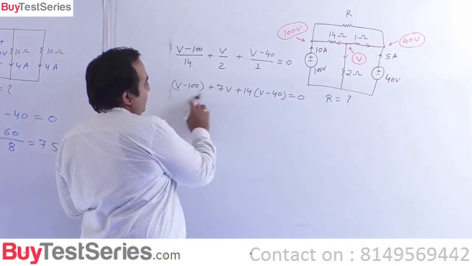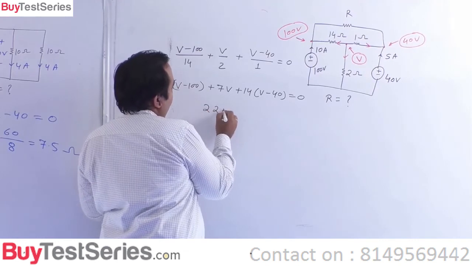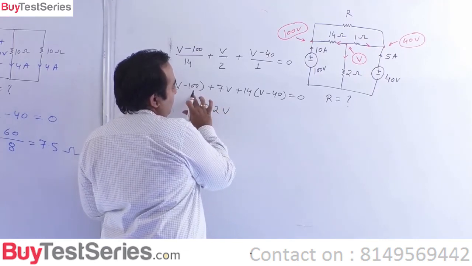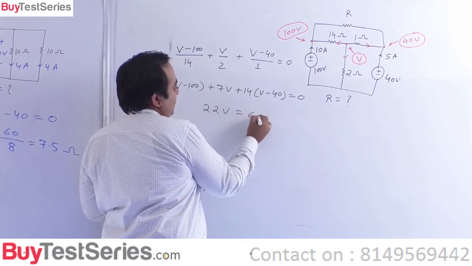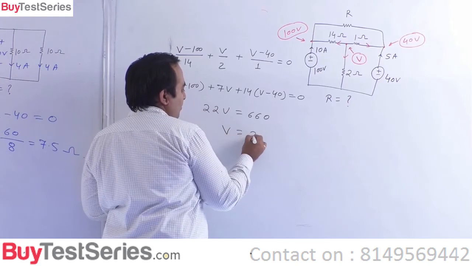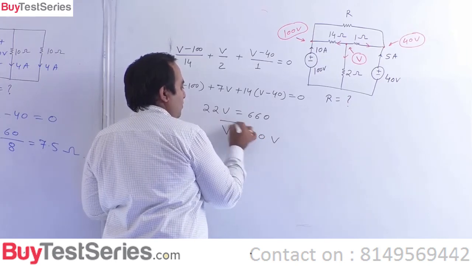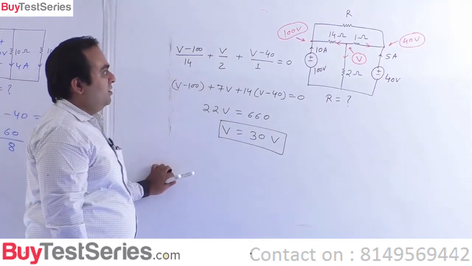So this is 22V, this is 100 plus 560, so this comes out to be 660. So V comes out to be 30 volts.